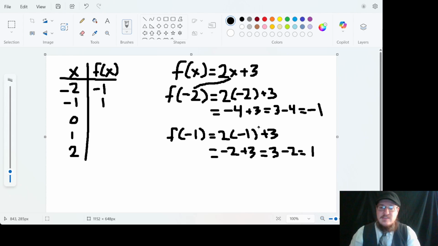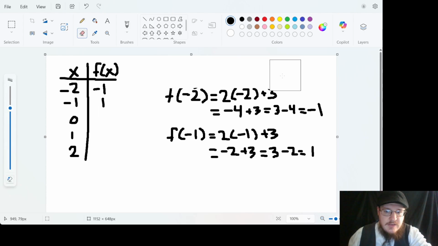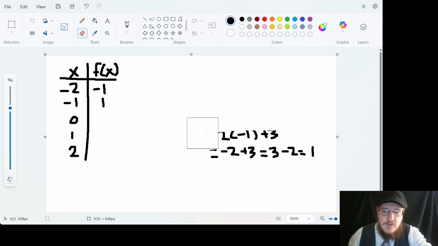Very, very easy stuff. All you need to do is just keep track of how you write out these equations, write out these functions, and then you're just plugging in these values. Real easy for it. Okay, so going to erase this, move on to the next one.